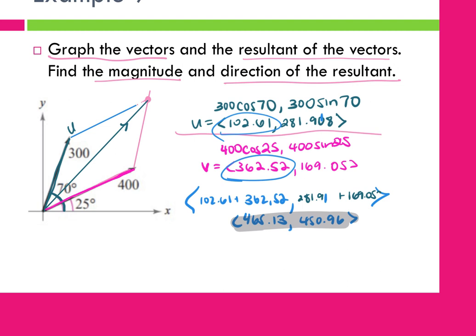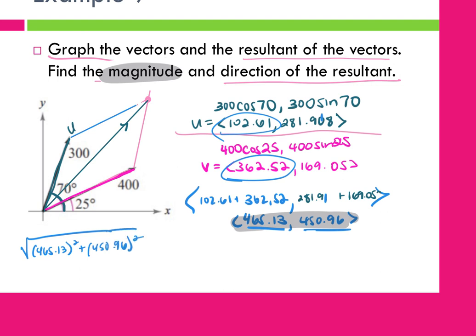But now I've got to go two steps further. One is to find the magnitude, and to find the magnitude given the component form, we're going to do the square root of the change in x, which would be 465.13 squared, plus the change in y, 450.96 squared.